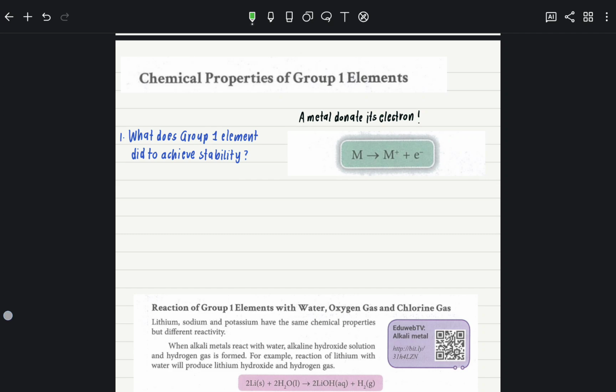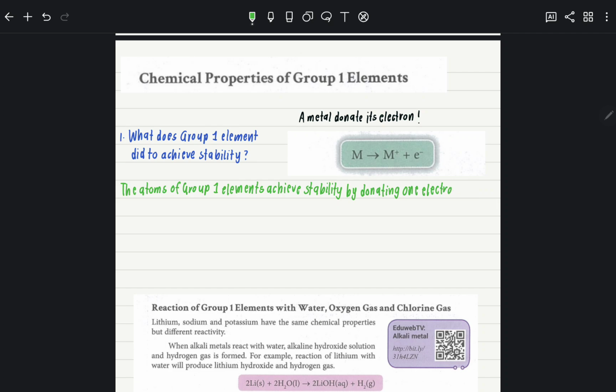So your answer should be: the atoms of group 1 elements achieve stability by donating one electron, the valence electron in the valence shell.